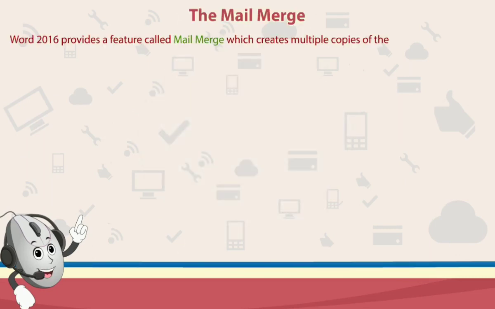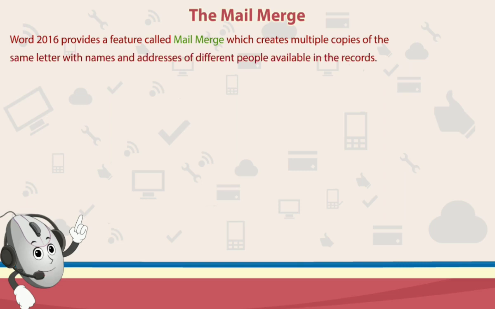So the mail merge: Word 2016 provides a feature called mail merge, which creates multiple copies of the mail, meaning the same letter with the name and address of different people available in the record.